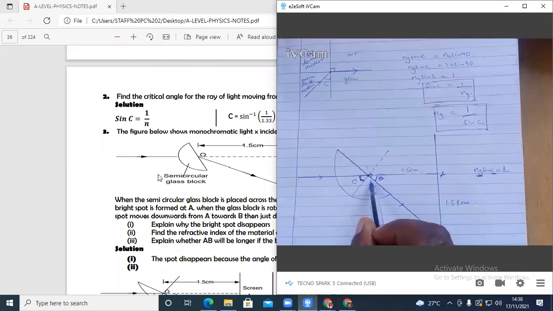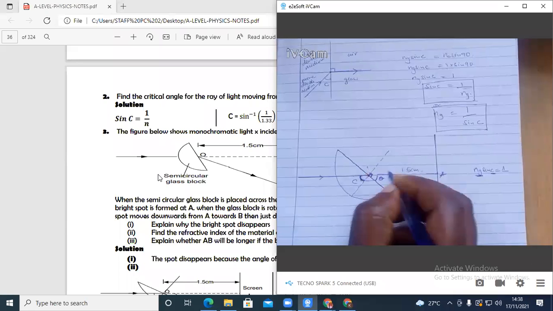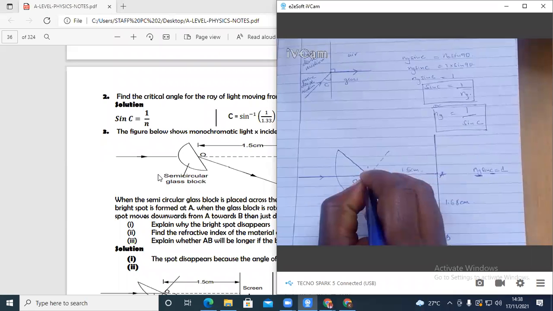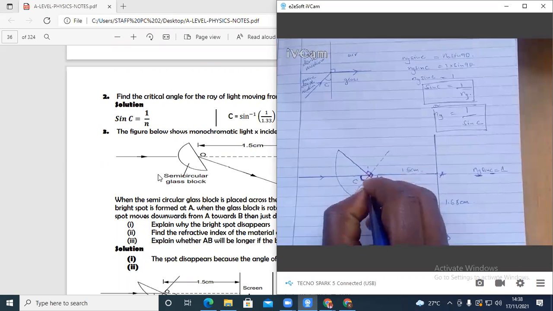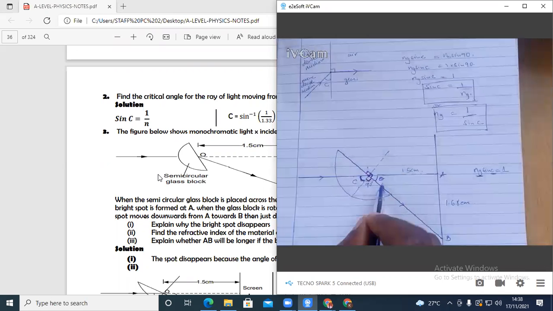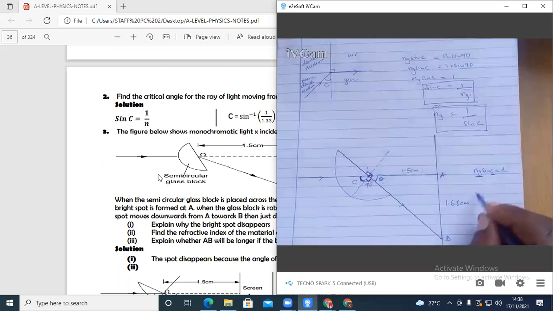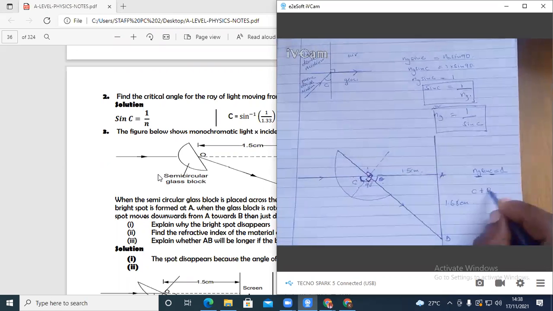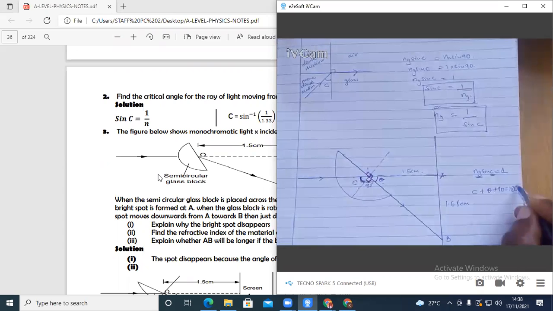That angle is going to be 90 degrees, because if this is 90 here, it means that this one is also 90 degrees. So C plus 90 plus theta shall be equal to 180 degrees. Let us first get theta, and then substitute.